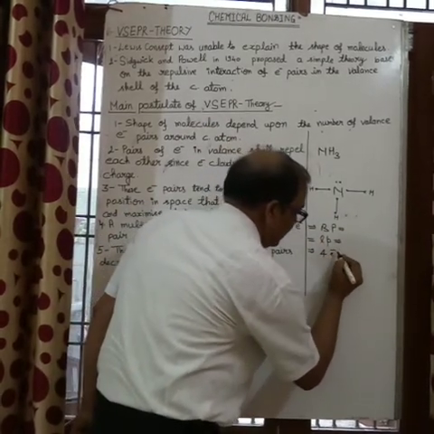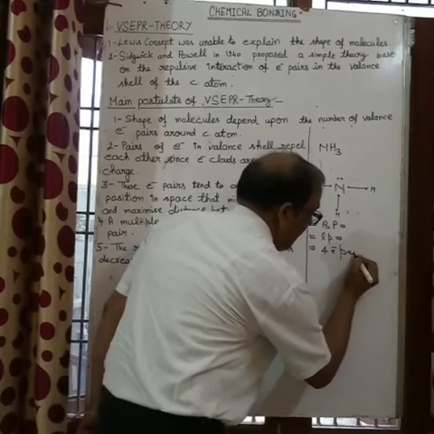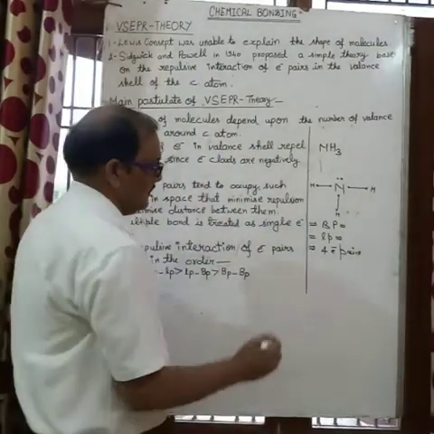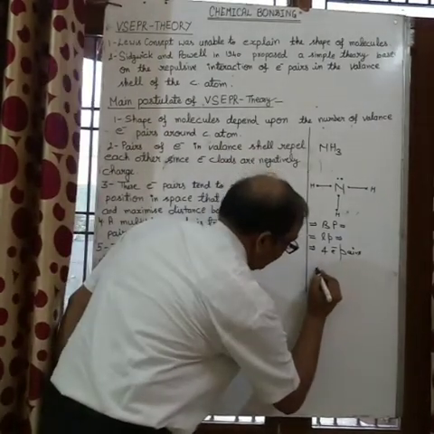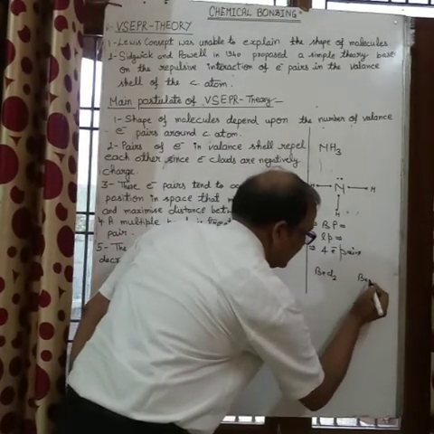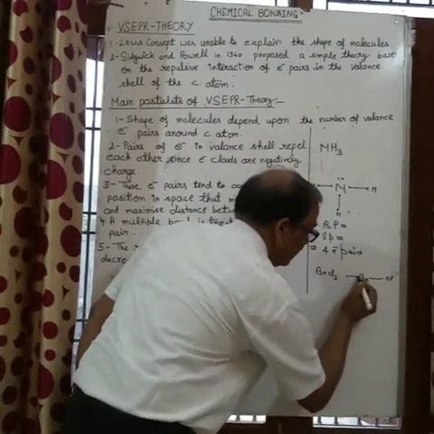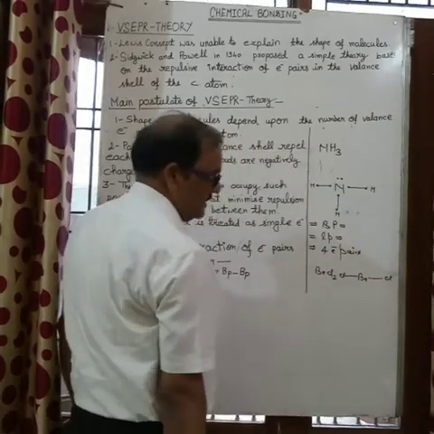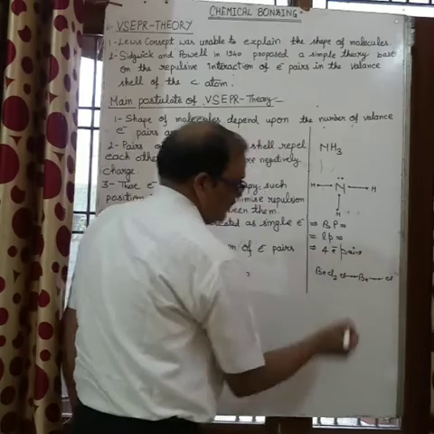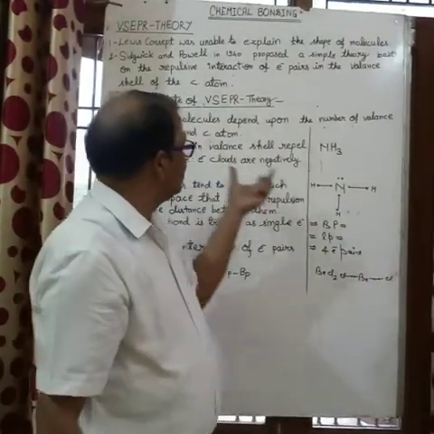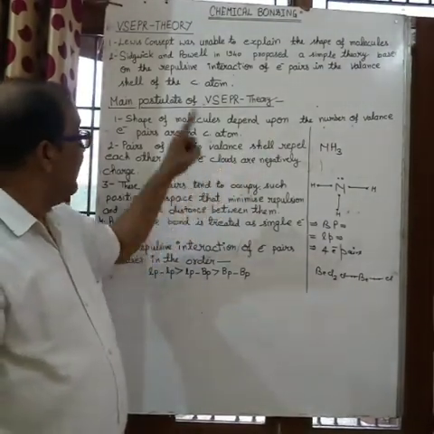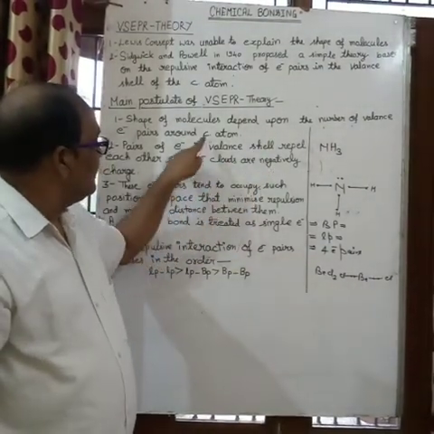How many electron pairs? 4 electron pairs. Suppose in the case of BeCl2, beryllium is the central atom, and Cl, Cl are the surrounding atoms, and the electron pairs are 2. So the first postulate is that the shape of the molecule depends on the number of valence shell electron pairs of the central atom.